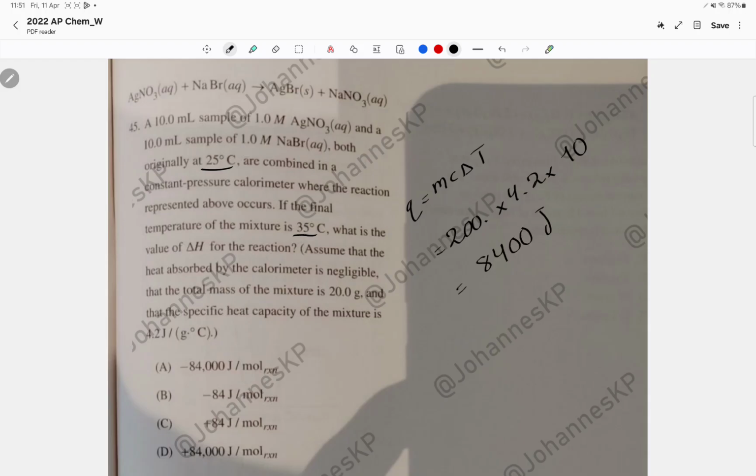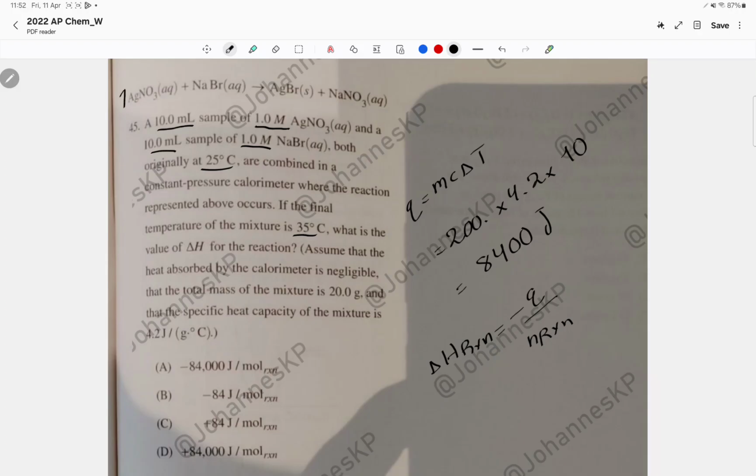Just leave it, man. Okay, now delta H reaction is equal to negative Q over n reaction. Now, what's n reaction? The moles of the limiting reactant divided by the coefficient. Which one is limiting, the AgNO3 or the NaBr, or are they both limiting? They're both limiting, right? Because if you multiply the molarity by the volume for both of them, you get the same exact number.